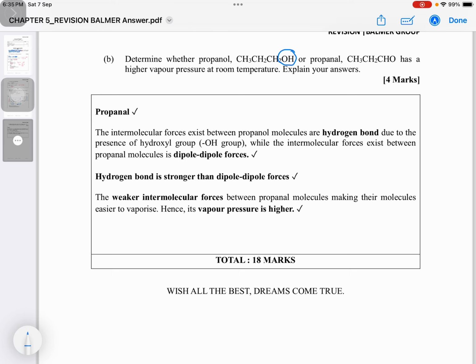While the structure of propanal is C double bond O, H, CH3CH2. And for propanol, CH3CH2CH2OH.